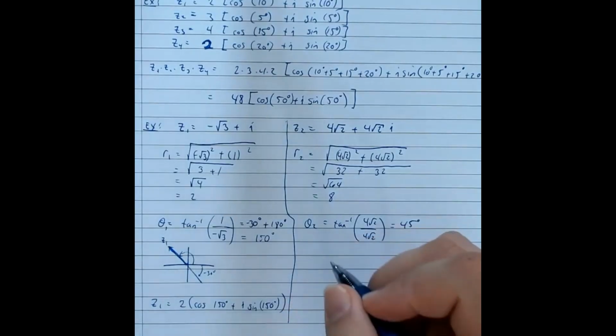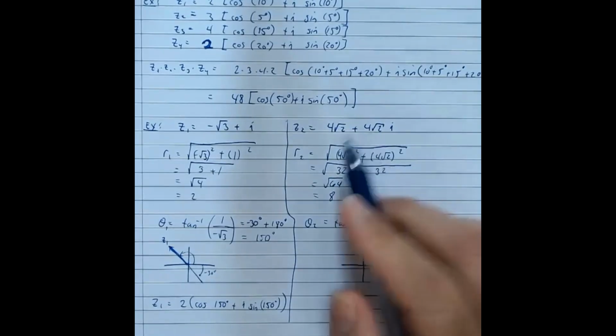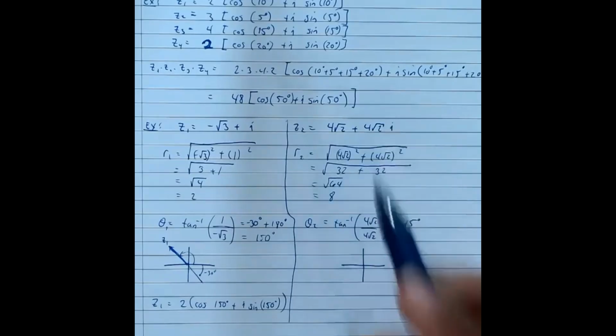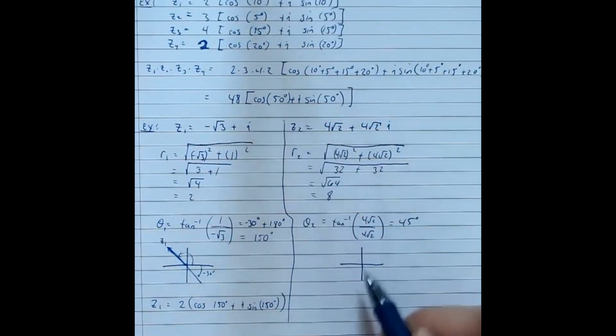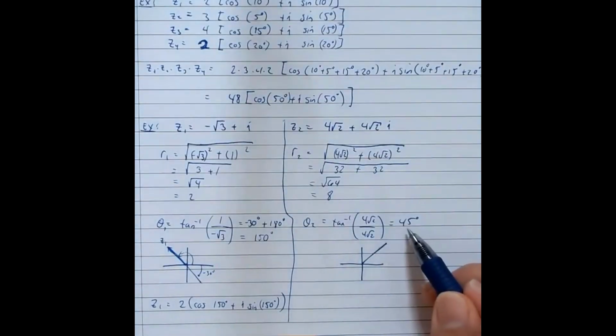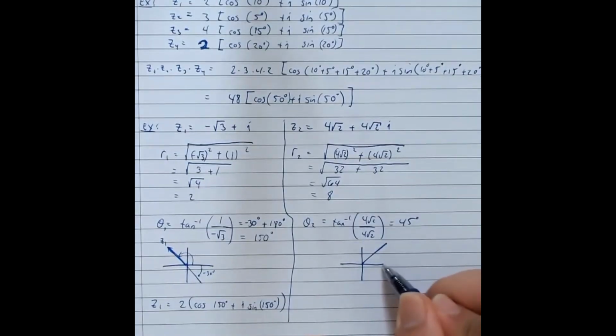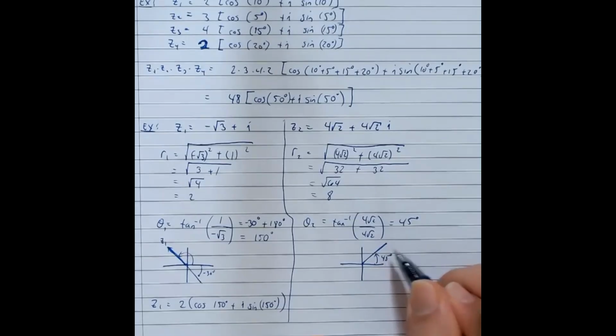Well, again, let's double check. Let's make sure it's in the right quadrant. Here, that's positive and that's positive. So to get to Z2, I need to go to the right and up. That would put me in the first quadrant. The angle 45 degrees, starting from the positive half of the x-axis, since it's positive, I would go counterclockwise 45 degrees. Yeah, that's right.